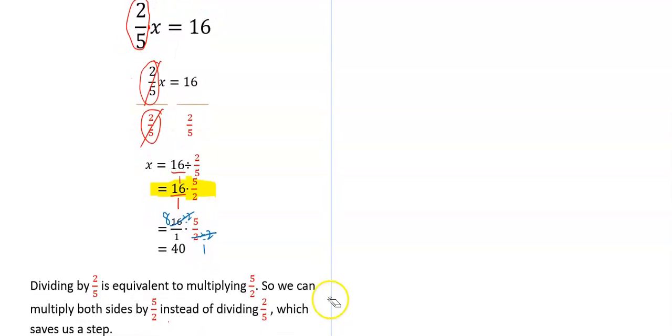Notice in the previous process, in order to get rid of 2/5, what we did is divide both sides by 2/5.